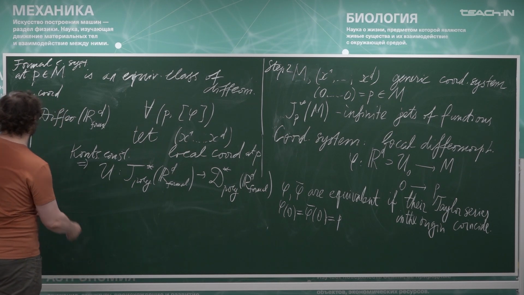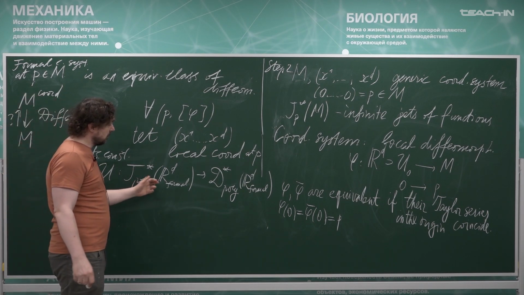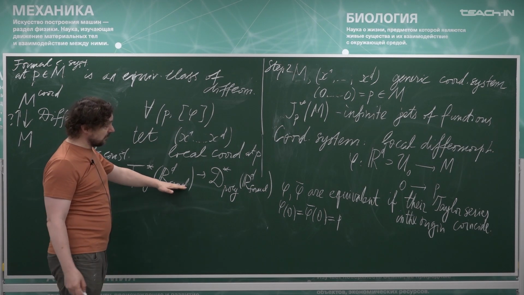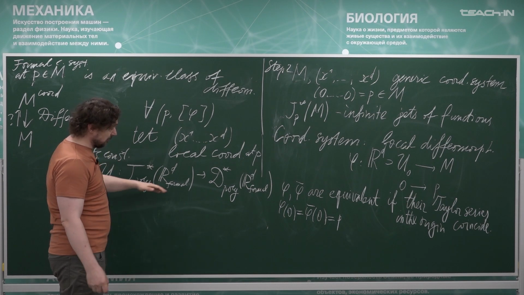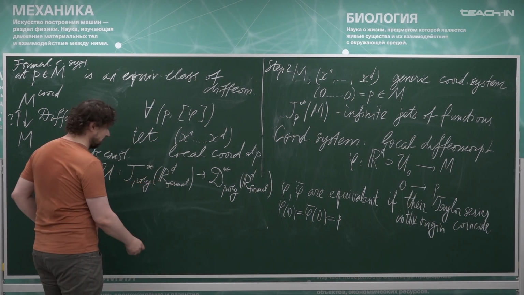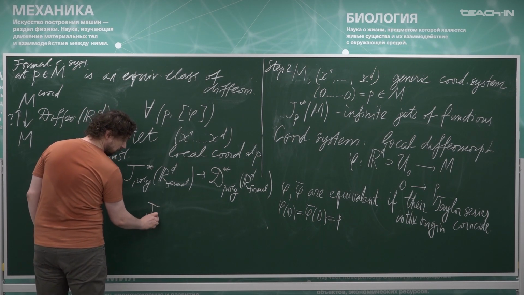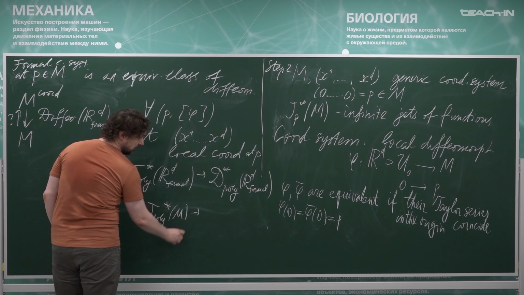So if we have a global section S, we would be able to pull down this formality morphism at every point, and this will give us a genuine formality morphism from T poly of M to D poly of M.